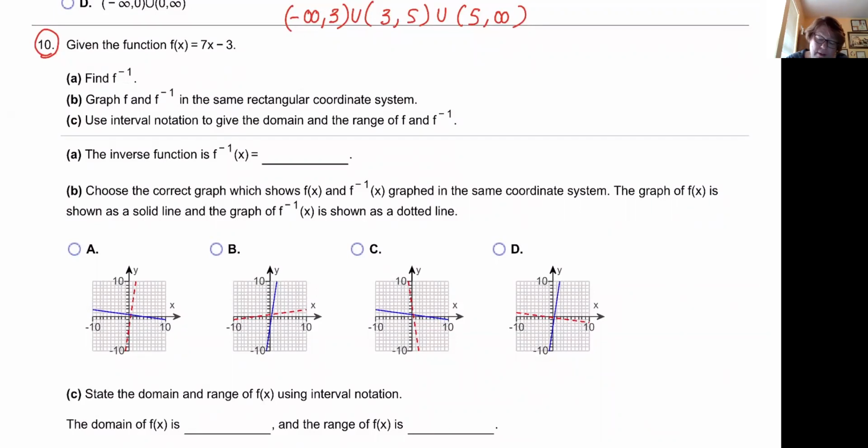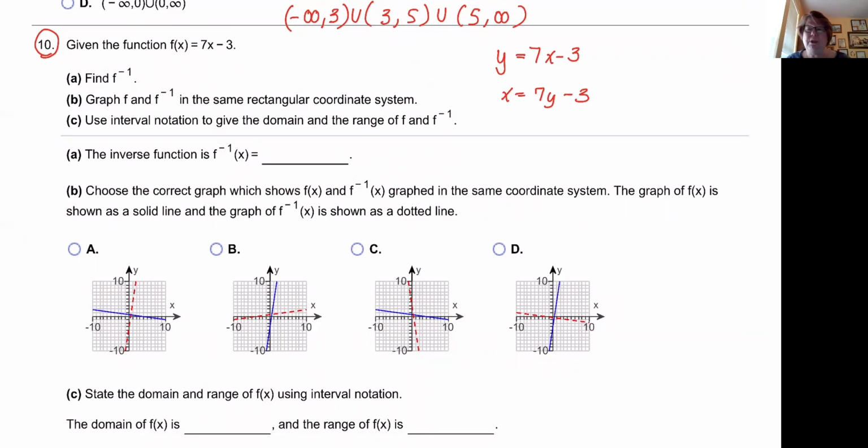So we just rewrite this in terms of y. And then the inverse of a function interchanges the domain and range. So you interchange x and y. Where there's a y, you write an x, and where there's an x, you write a y. And that is the inverse.